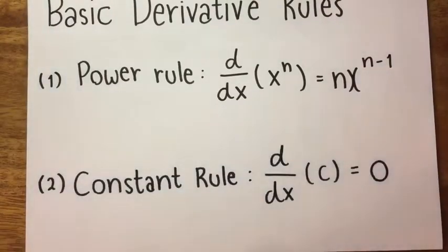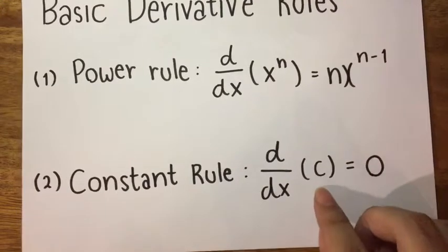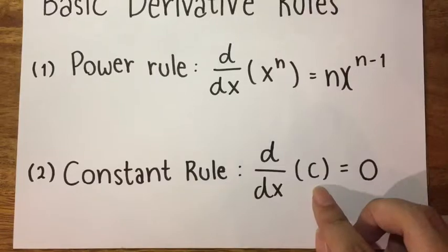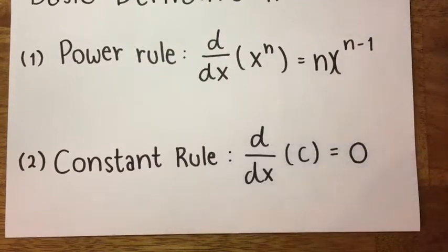Let's move on to the second basic derivative rule, which is constant rule. The constant rule states that if you want to derive a constant, you will always get 0. This is quite easy.